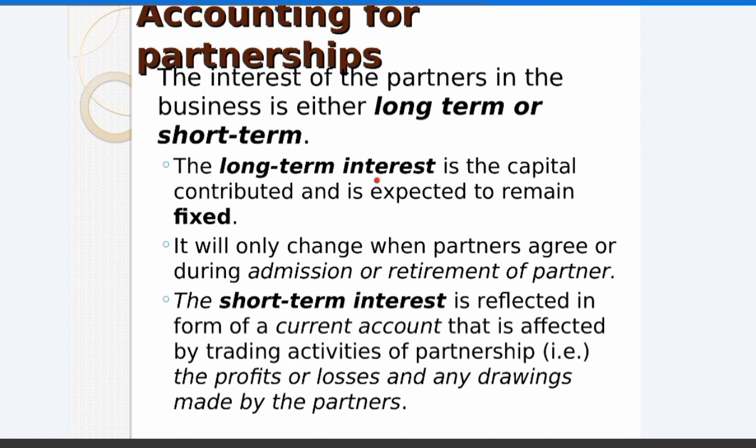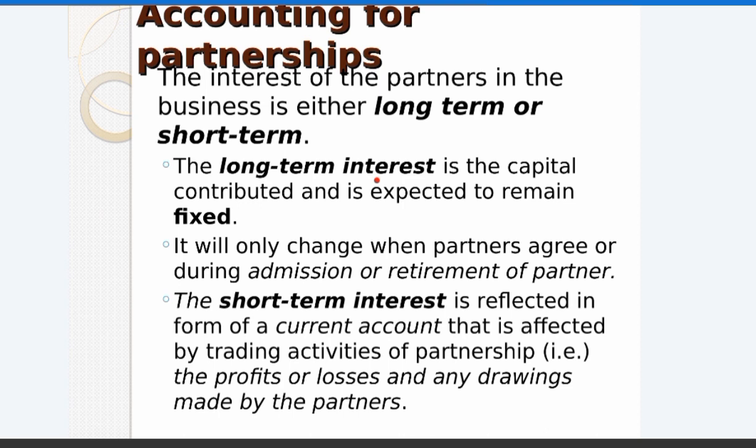That means this interest can only change if a new partner is admitted, and assuming that you retain the capital of the company, then at that point the capital or the long-term interest may change.